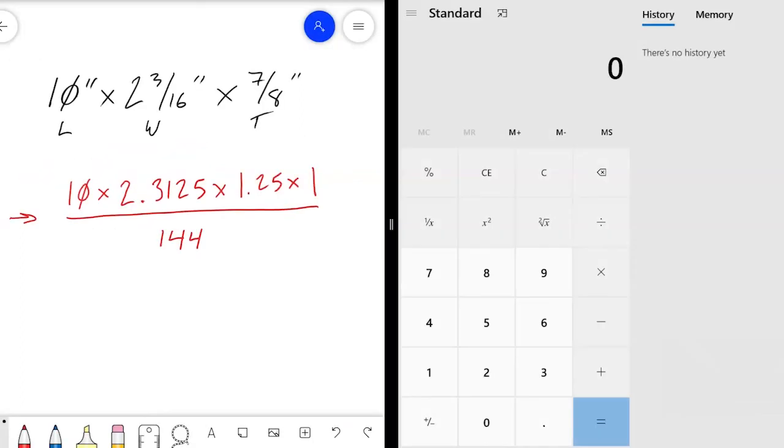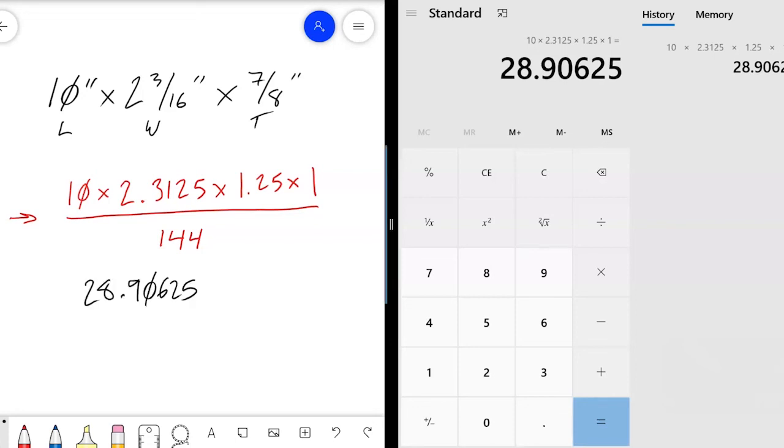So with our calculator open, let's go ahead and start making this calculation. We've got our length, 10, times our width, 2.3125, times our rough thickness, 1.25, times the number of pieces, 1, and that gives us 28.90625. It's really important that we don't round this number yet, all right?